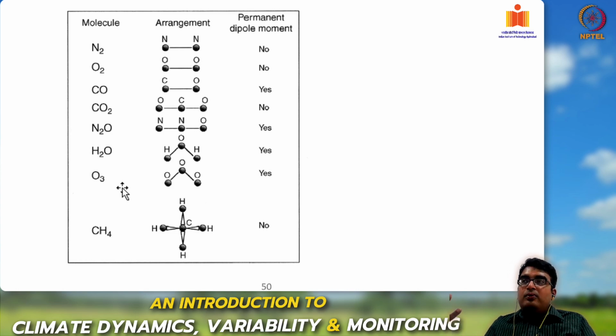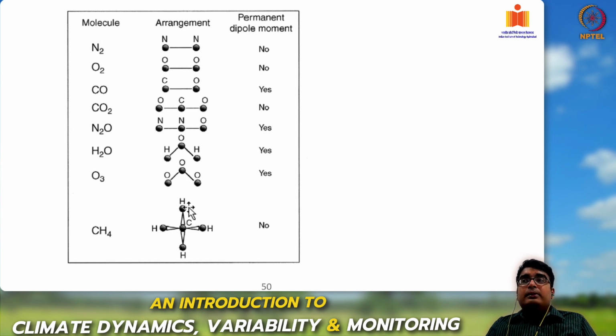All of these molecules are multi-atomic molecules. If you ignore argon, which is a single atomic inert gas and does not play any role in any absorption or emission phenomena, all the other gases present in the atmosphere are multi-atomic molecules. They can be diatomic, triatomic, and in case of methane, it has 5 atoms present.